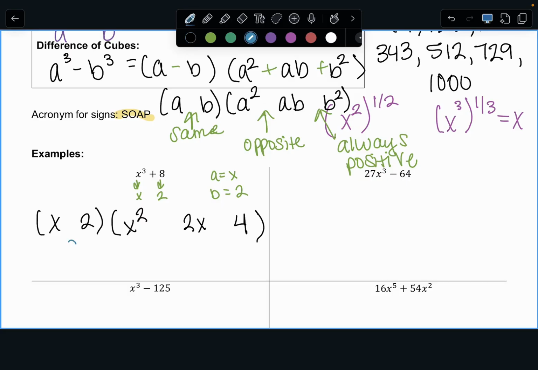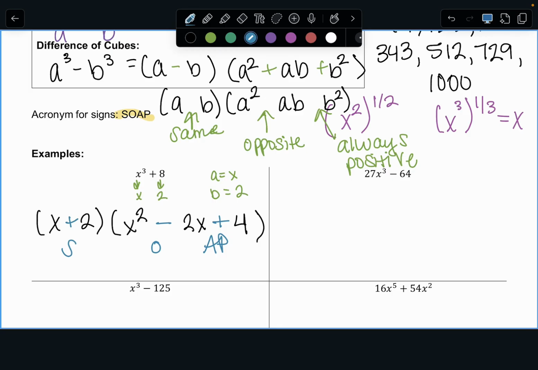And now we use our handy SOAP acronym for our signs. Same sign, opposite sign, always positive. Am I done at this point? No. What would I have to do? Not GCF, but I would have to at least look at this trinomial and see if it factors.